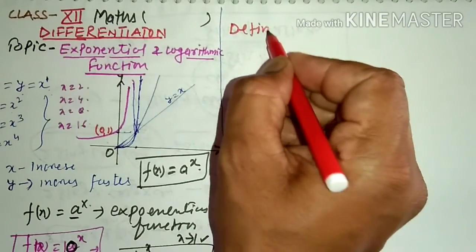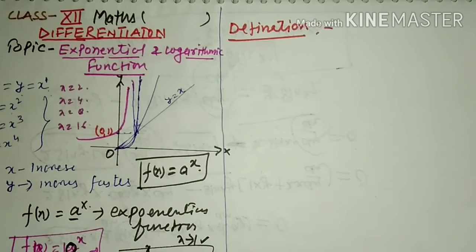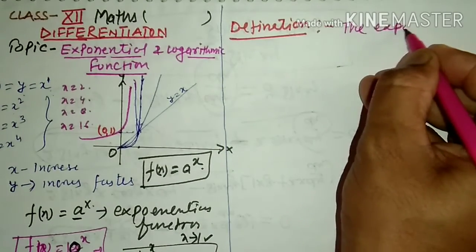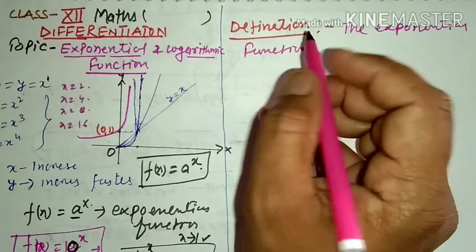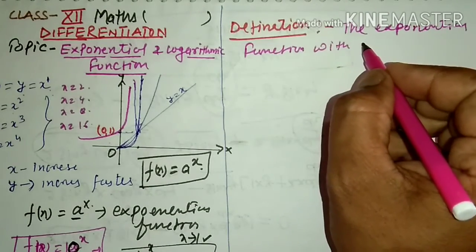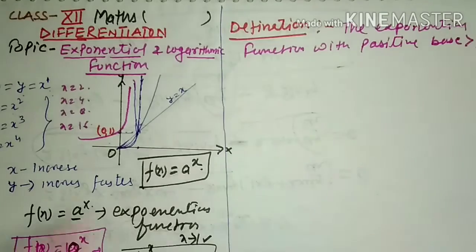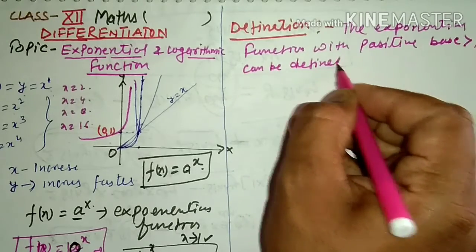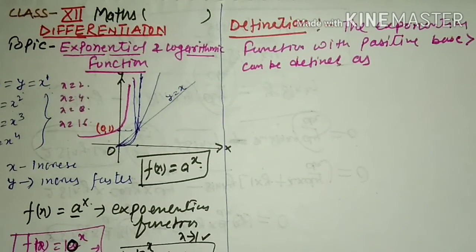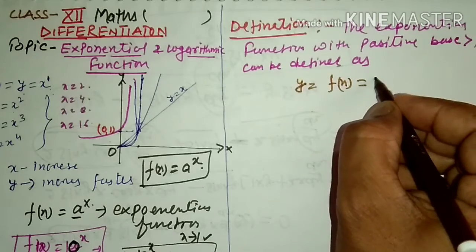Definition of the exponential function. The exponential function with positive base and greater than 1 can be defined as y is equal to f(x) is equal to a to the power x.